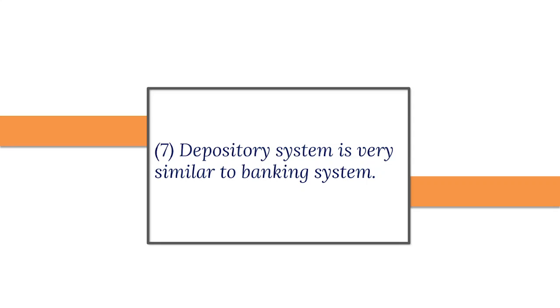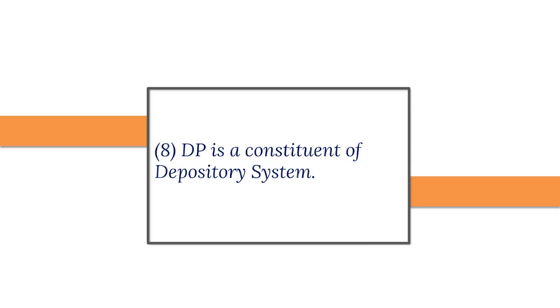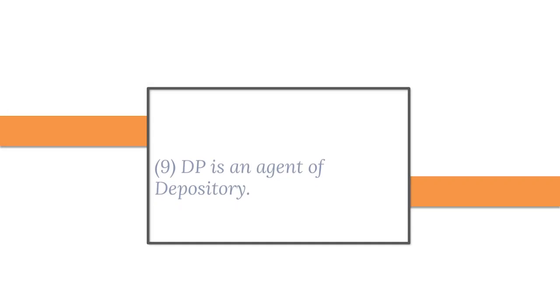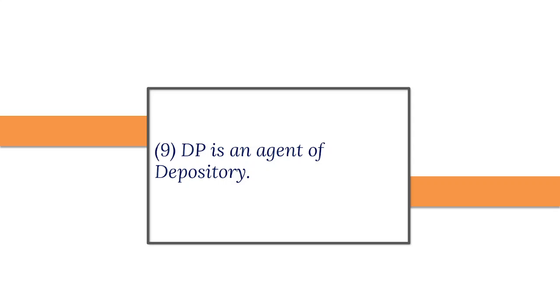This statement is true. 8. DP is a constituent of depository system. This statement is true. 9. DP is an agent of depository. This statement is true.